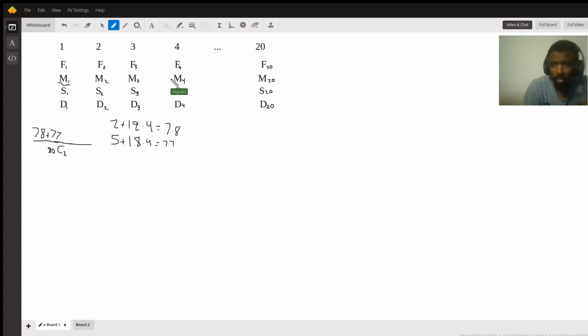Let's get M3 and M4 to see if we can find a pattern. With this mother, 1, 2, 3, 4, 5, 6, 7, 8. Again, we already counted M2 and M1, so that's why I skipped those.